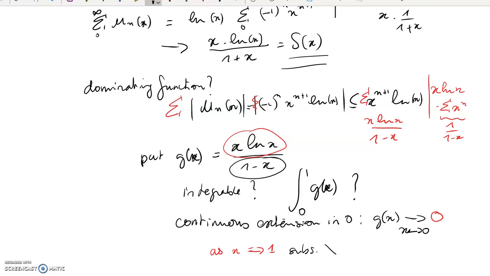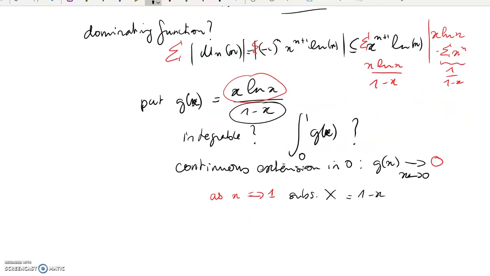For instance, put capital X equal to 1 minus x, and now we're looking at the limit as capital X tends to 0 of small x, which is 1 minus big X, times the log of 1 minus big X, over capital X.